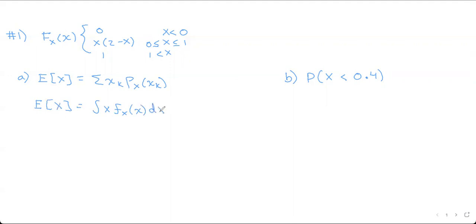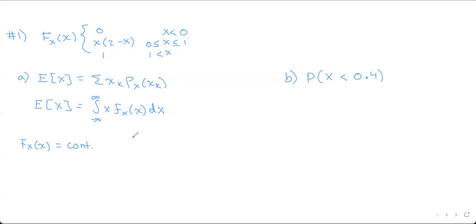Okay, and we can determine whether or not it's continuous by looking at the CDF. We see here that the CDF function is continuous because between the region 0 and 1, we have this continuous function, x times 2 minus x.